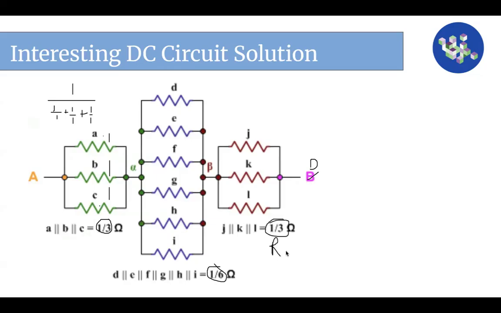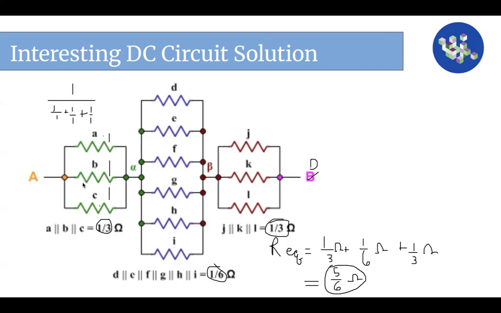Since these three groups are in series, the equivalent resistance will be 1/3 plus 1/6 plus 1/3 ohms. Always write your units. If you add these, you will get 5/6 ohms.